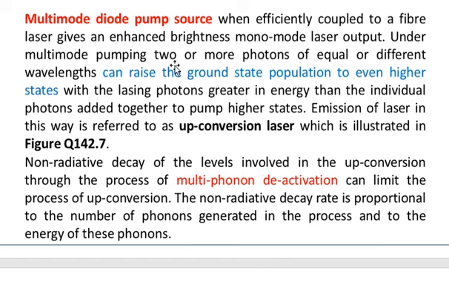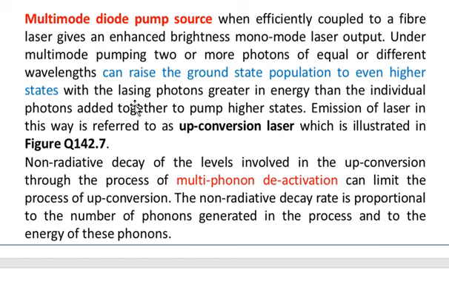Under multi-mode pumping, two or more photons of equal or different wavelengths can raise the ground state population to even higher states, with the lasing photons greater in energy than the individual photons added together to pump higher states. So this is the advantage of using multi-mode pumping, that different modes in the pump source can be available to pump the ground state of the fiber laser to even higher states by a combination of these photons.